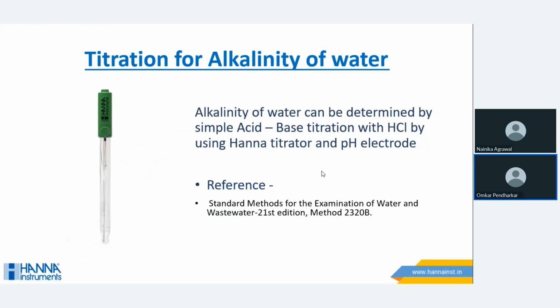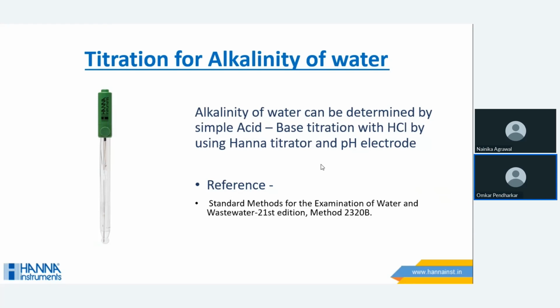So there is another titrimetric method for the alkalinity of water. This is also the prescribed method, which is readily available from the Hanna Titrators. So generally, the determination of alkalinity consists of acid-base titration. So it can be determined by the simple acid-base titration with hydrochloric acid by using Hanna titrator and pH electrode.